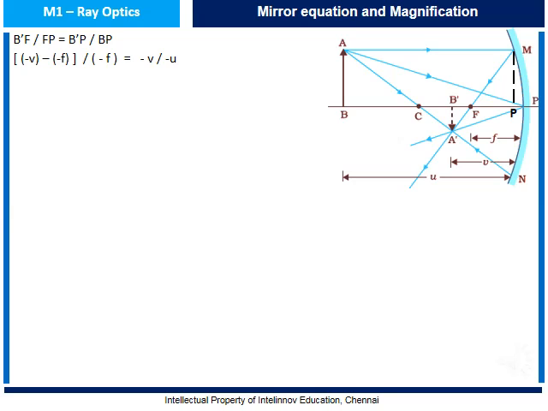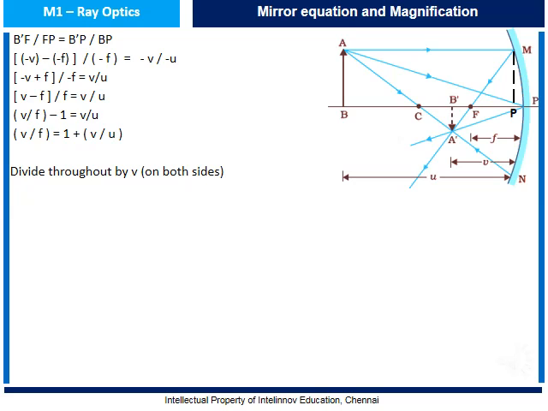On rearranging and calculation, we get V by F equals 1 plus V by U. Now dividing this equation throughout by V on both sides, we get 1 by F equals 1 by V plus 1 by U, which is nothing but the mirror equation.